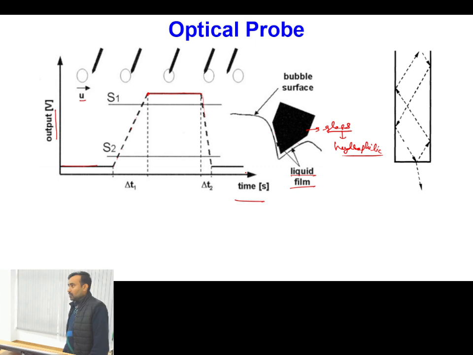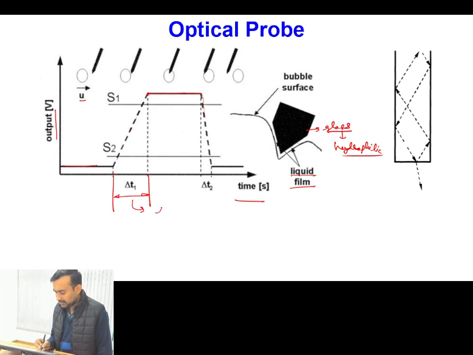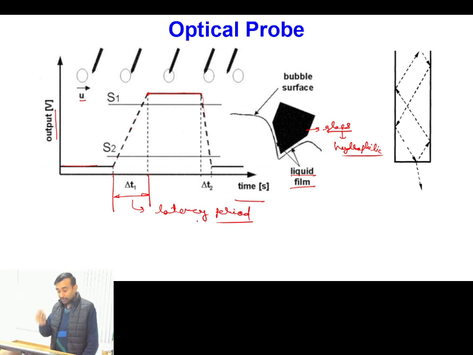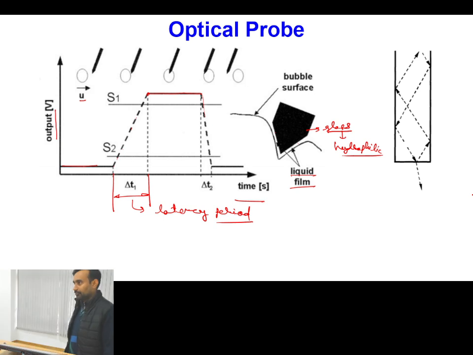So the period from here to here is what is called the latency period. Corresponding to this, my probe should have identified that the bubble has reached the probe, but it gives a delay of delta t1 in giving the information that the bubble is in contact with the probe.